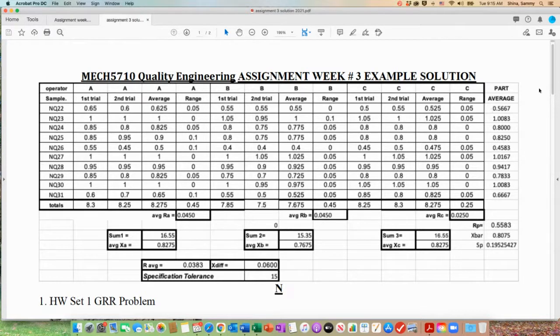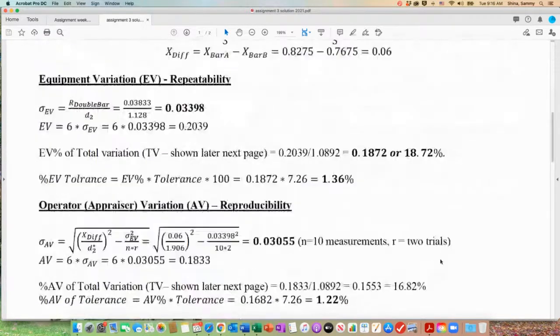So every part average that we see at the end here measures the average of this for the same part, the average of 6 measurements. 3 operators, each one measures the part twice. Then what we do is we take the range of part averages and convert that to sigma for sigma of the parts.